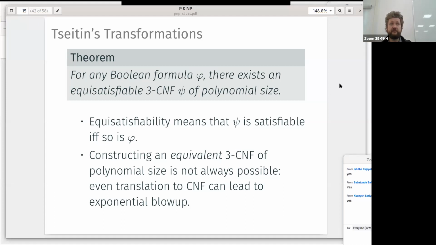The second one is that there exist some formulae which are 4-CNF, but not reducible to an equivalent 3-CNF. So not any formula can be equivalently transformed into 3-CNF, and if you need polynomiality, it's impossible. But you can make it equisatisfiable. And we'll show how.